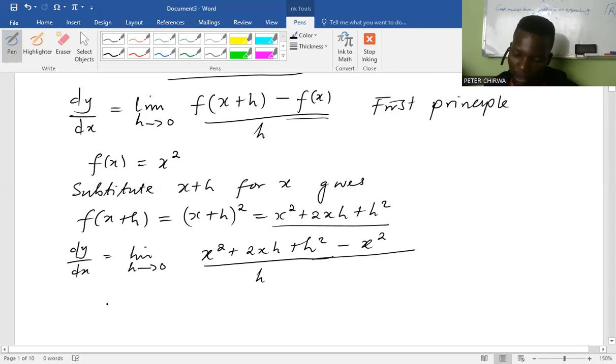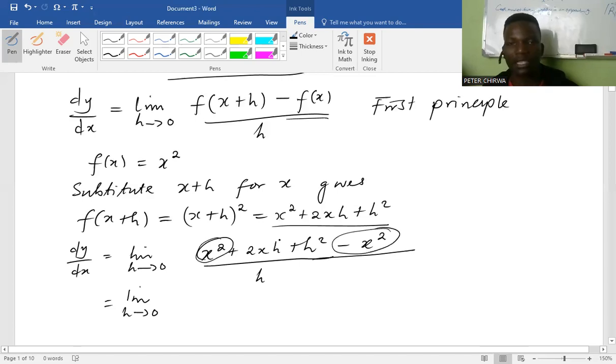We can see that we have x squared here and negative x squared, so they subtract and you get a 0. So we are going to have 2xh plus h squared over h.